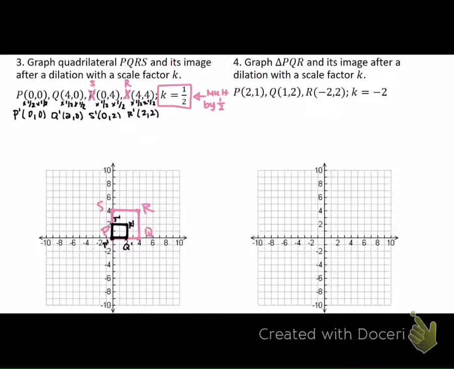Again, don't forget to label your points. So yes, this is a reduction like Iku said it was going to be.